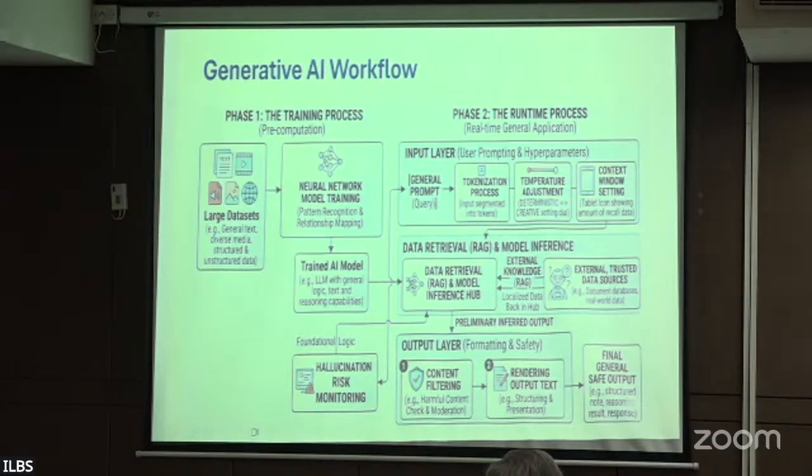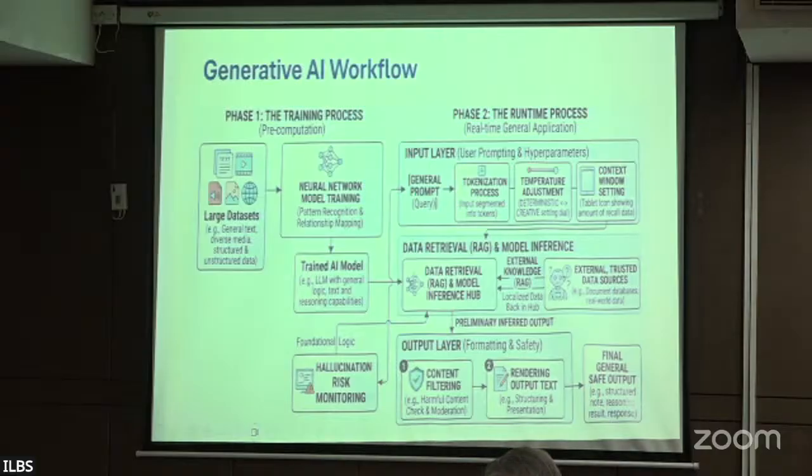So there are two phases. One is the training phase, the large data set and the complex training process that we don't see. We are at phase 2, the application mode, runtime processing. We give the tokens, the temperature adjustment is done, and the context window setting is done by the model.